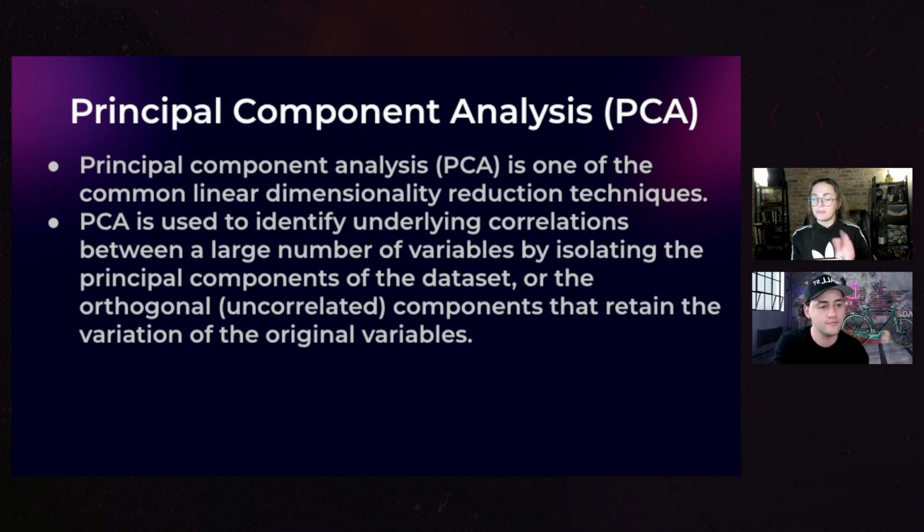Technically, you have orthogonal or uncorrelated components that retain the variation of the original variables or the original data set. That probably doesn't make a ton of sense, but hopefully after a couple of visuals it will make a little more sense exactly what we're trying to capture with these principal components and why that can help with our issue of visualizing some of this data.